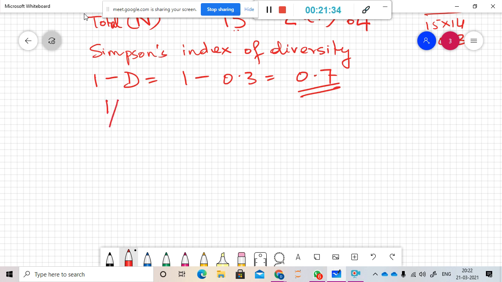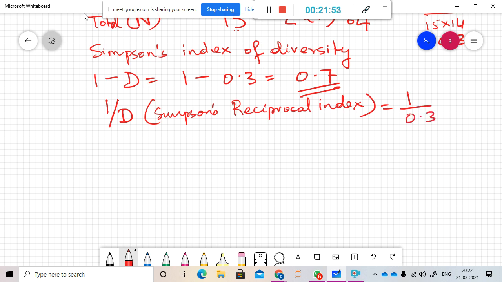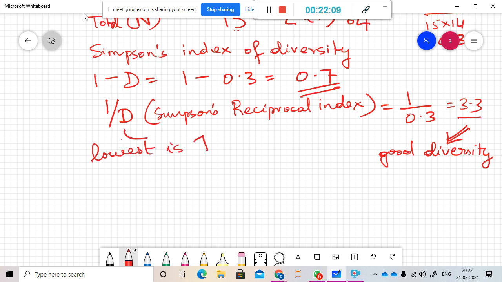And the reciprocal, 1 by D, the Simpsons reciprocal index, is 1 by 0.3, that is equal to 3.3. So that means this has a good diversity. The lowest is 1, that means no diversity.